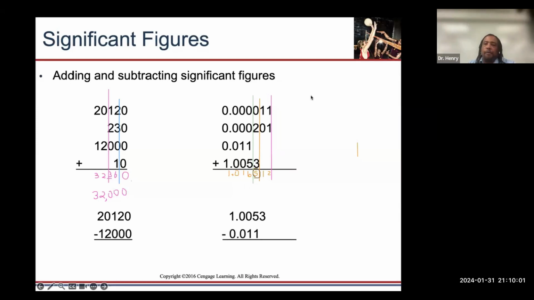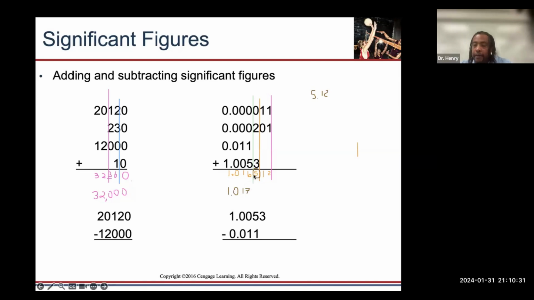So if we had 5.12, yes, that's right. It's greater. So since it's greater, we're going to round up, and then we're going to end up with 1.017. And then in this case, we would only have 4 significant figures.